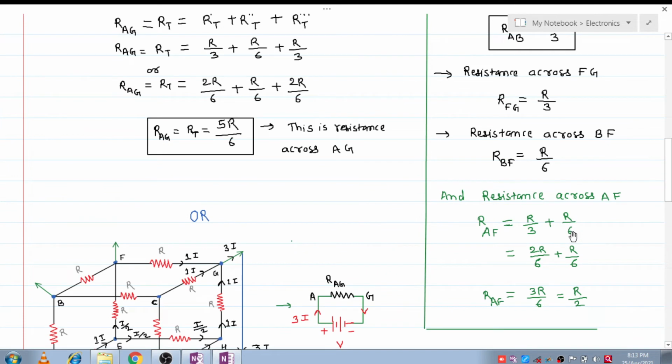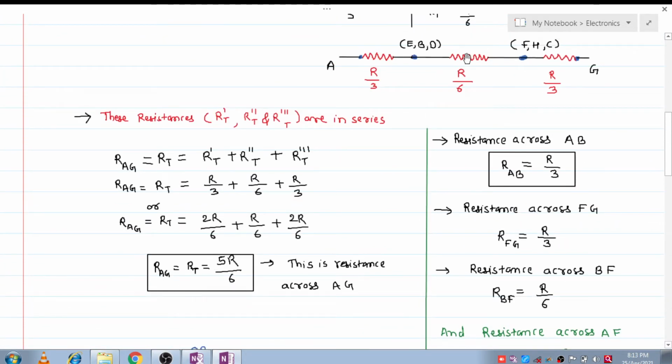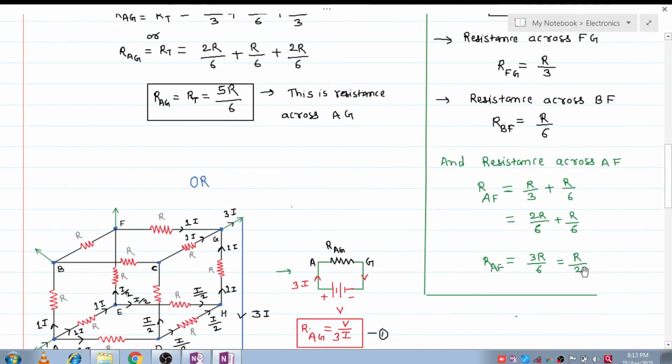Multiplying numerator and denominator by 2, we get 2R divided by 6 plus R by 6. So we can write this as 3R divided by 6, that is R by 2. So the resistance across AF is equal to R by 2.